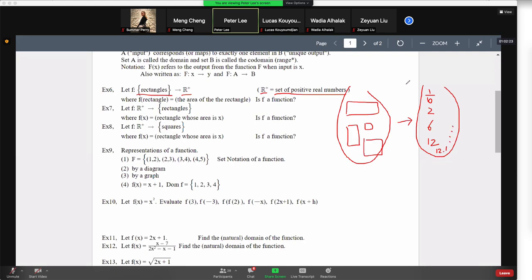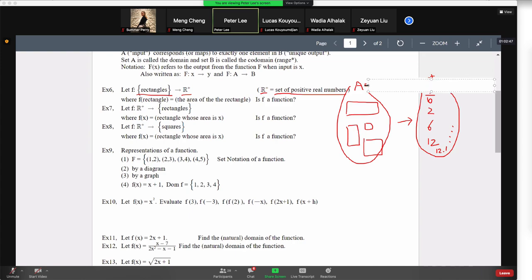This is what we mean by R plus. That's the set B. And this one, we'll call it A. That's the domain, and this A happens to be the set of rectangles.